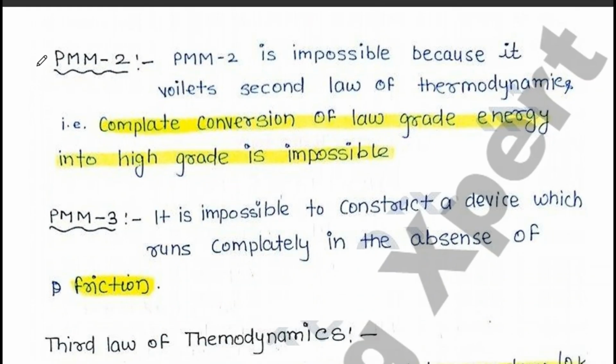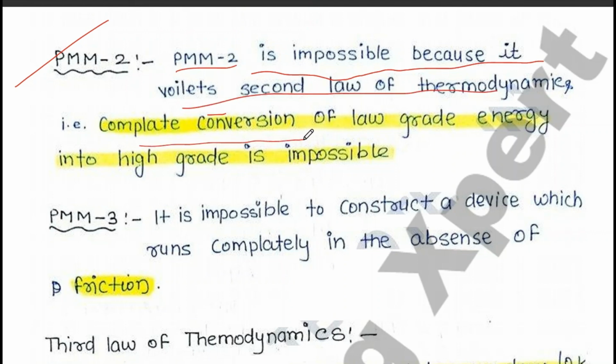Let's discuss one machine named PMM2, Perpetual Motion Machine 2, that works on the violation of the second law of thermodynamics. It says that it is impossible to make a machine that violates the second law of thermodynamics, or it implies that complete conversion of heat into work is impossible.